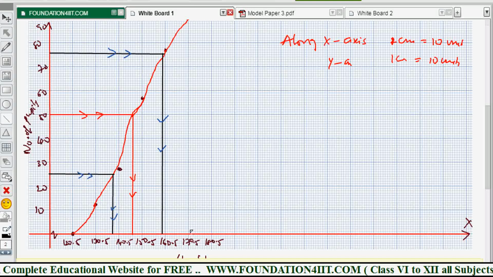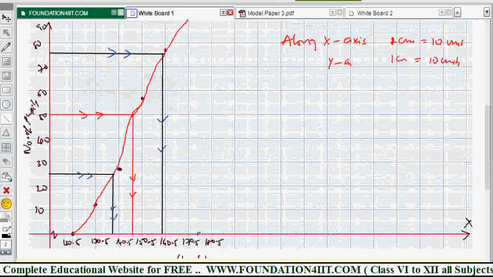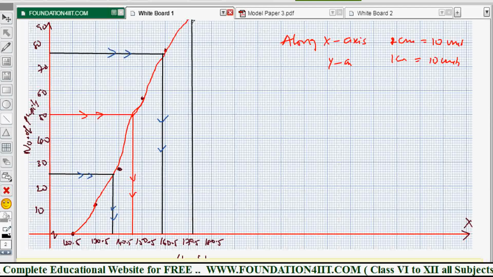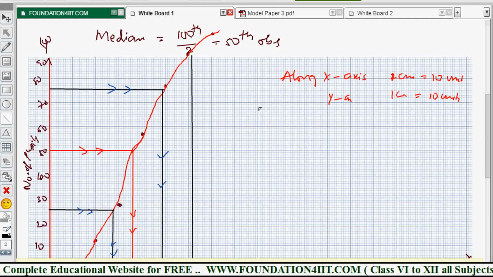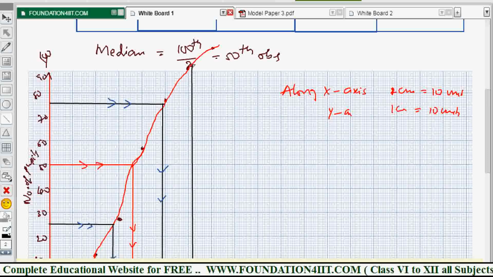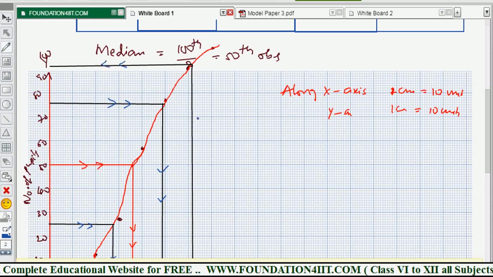So in between, you'll get that. Okay, according to the question, 172. So at 172, you can take a straight line, and take it up until it touches the curve. If you take the graph, okay, this side is above side.